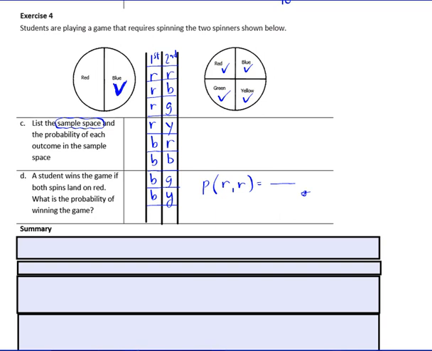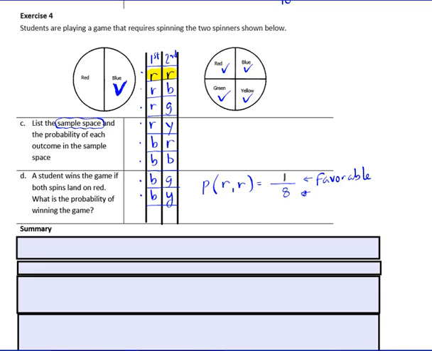So there are 1, 2, 3, 4, 5, 6, 7, 8. There are 8 possible outcomes. The numerator is the number of favorable outcomes. A favorable outcome is what you want to happen. Well, I want red, red. How many red, reds are in the list? Red, red is in the list only once, so my numerator is 1. And that's the probability of winning the game, 1/8.